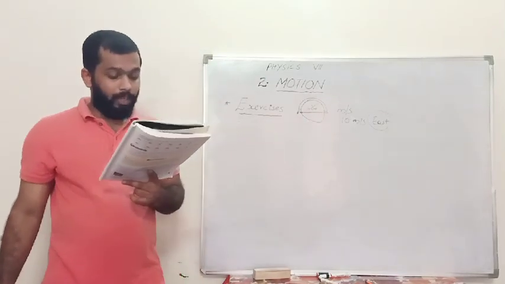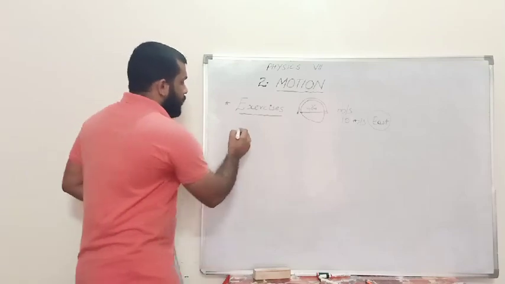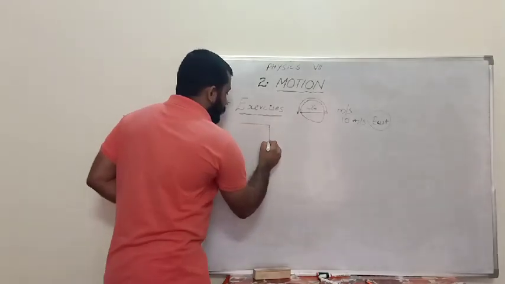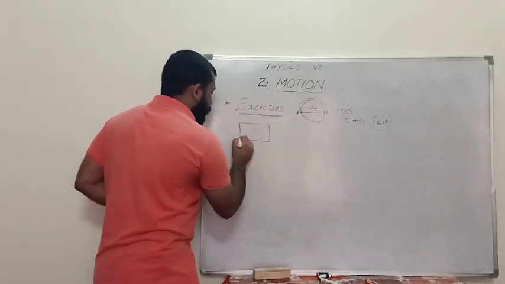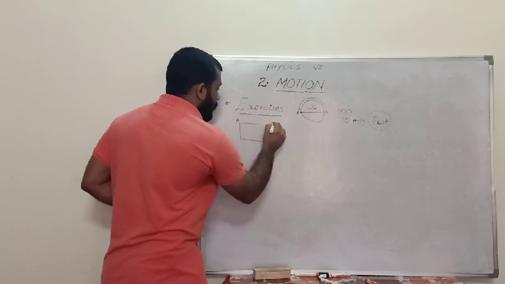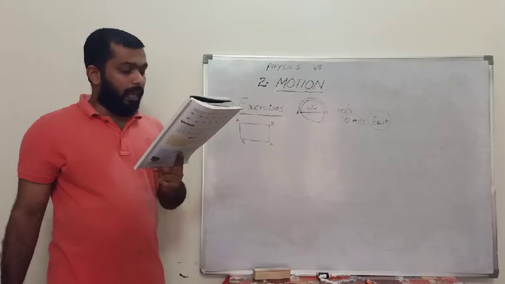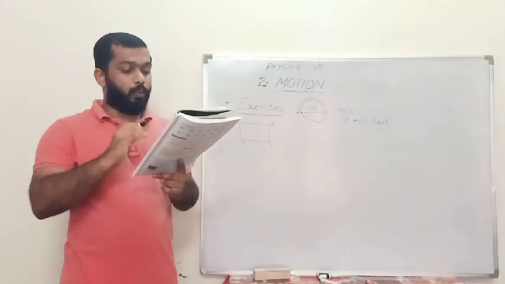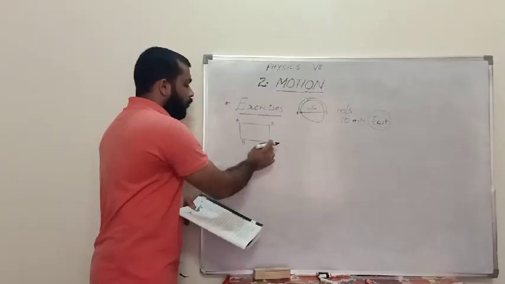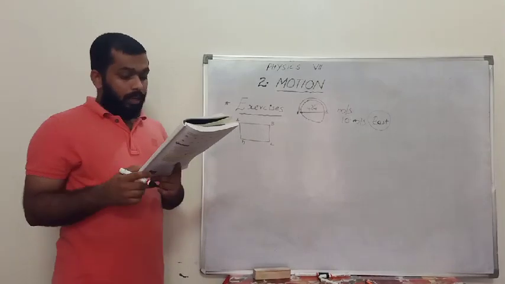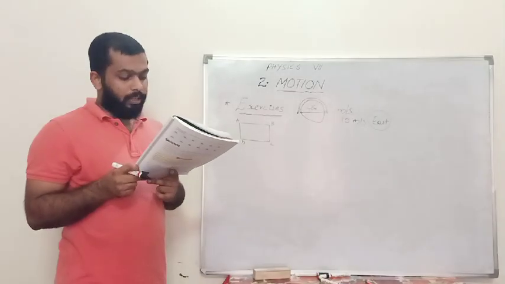The next one, here a rectangle is shown, A, B, C, D. An object moves from A to D along a rectangular path as shown in the given figure.